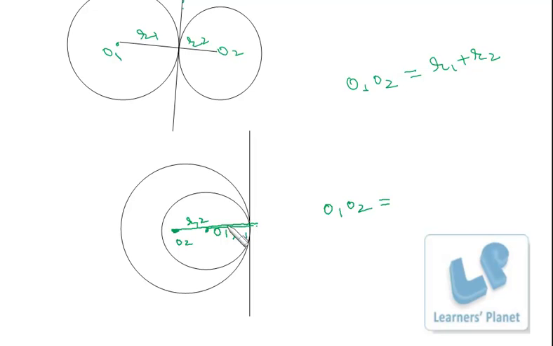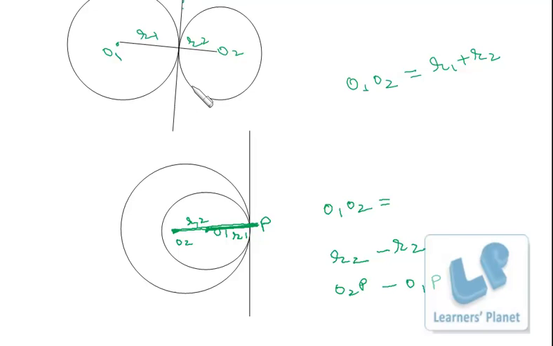It is nothing but the radius of the bigger circle, that is R2, minus this length. Suppose this is point P. So O2P is R2, the radius of the bigger circle. From that, if we deduct O1P, which is the radius of the smaller circle, we'll be getting O1O2. So that is R2 minus R1.